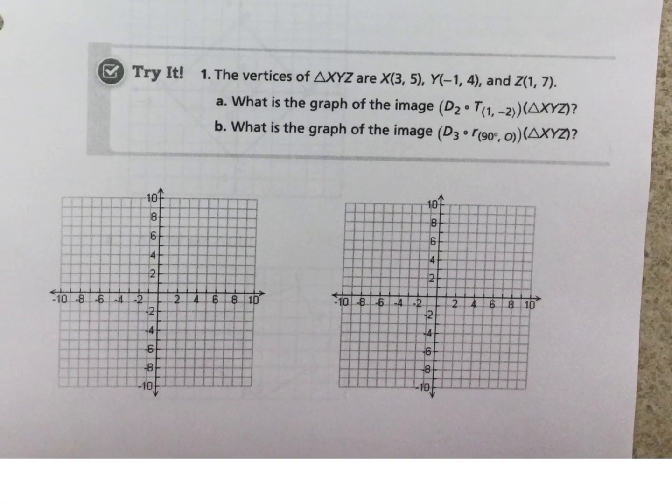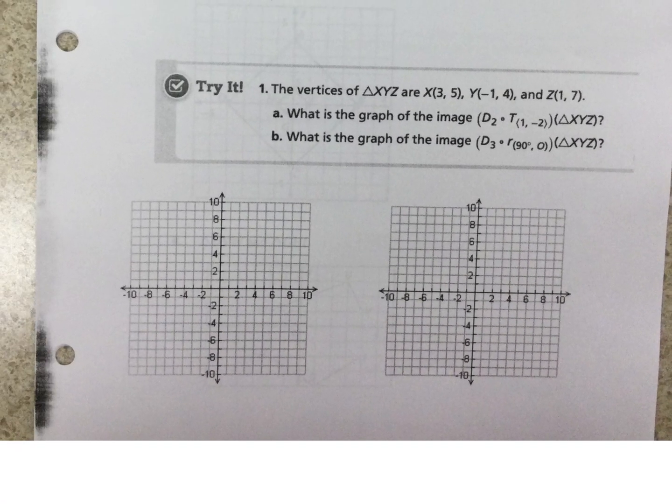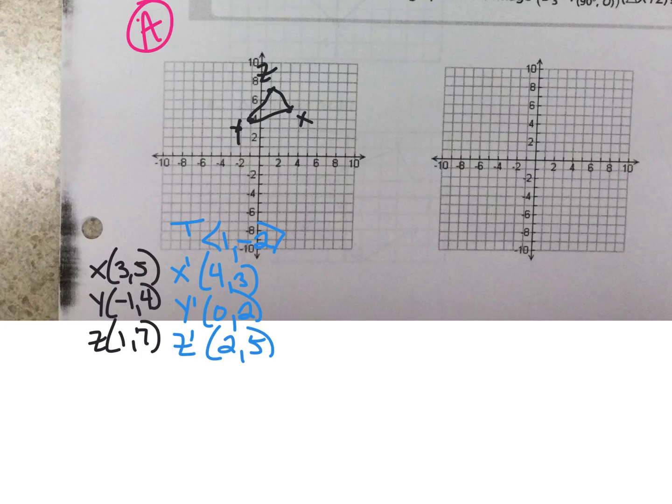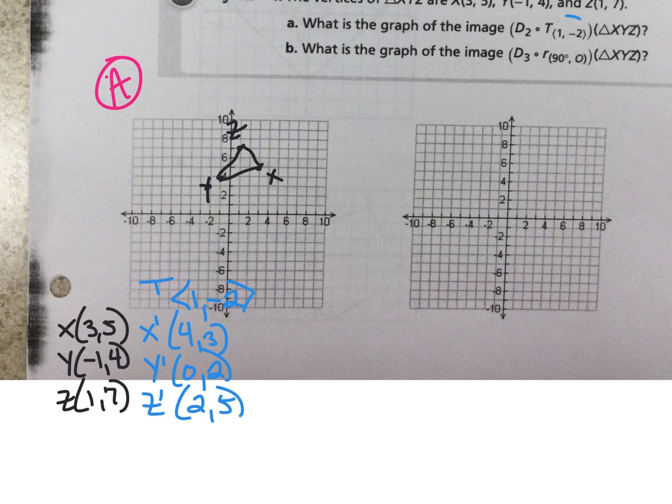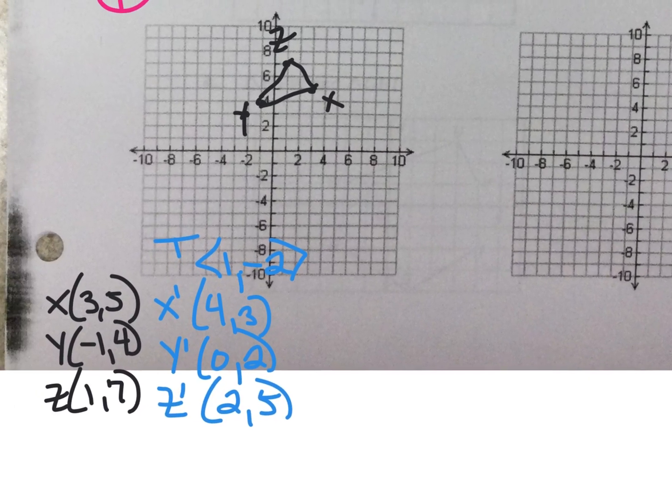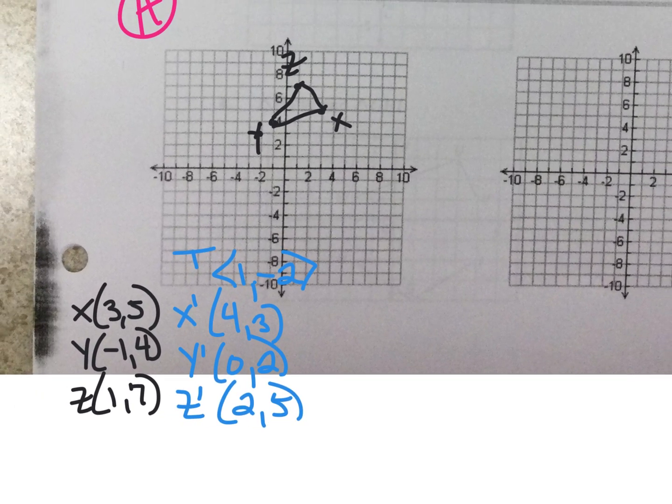Okay, so we got down here. The vertices, and it wants you to do these translations. So I want you to try to do this one, A, and then check and see your answer on here, okay? The first thing it says to do is translate it by 1, negative 2. And if we do that, you see my original figure will go right 1 and down 2.